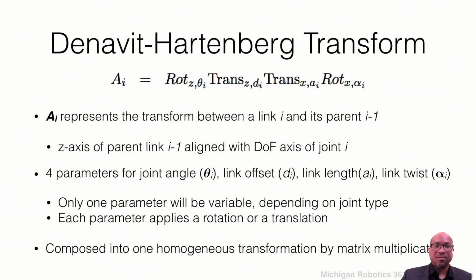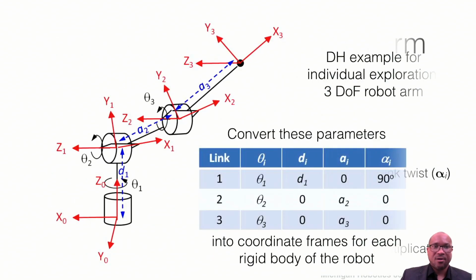We should note that for any type of motion, only one of these parameters will be variable, and the rest will be constant. If we perform a rotation, the joint angle will be variable, but all the others will be constant. And if we're trying to do a translation, only the link offset will be variable, and everything else will be constant. We can multiply all of these together and get one homogeneous transformation.